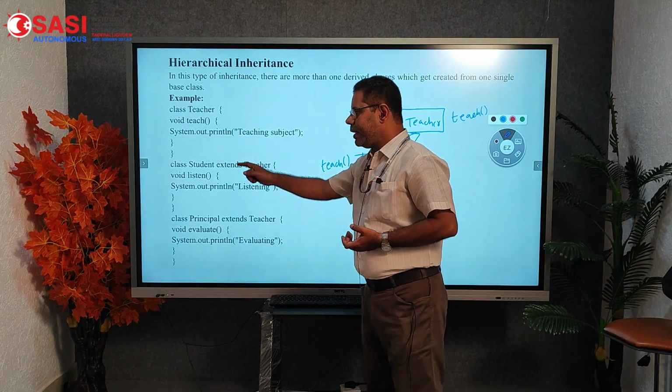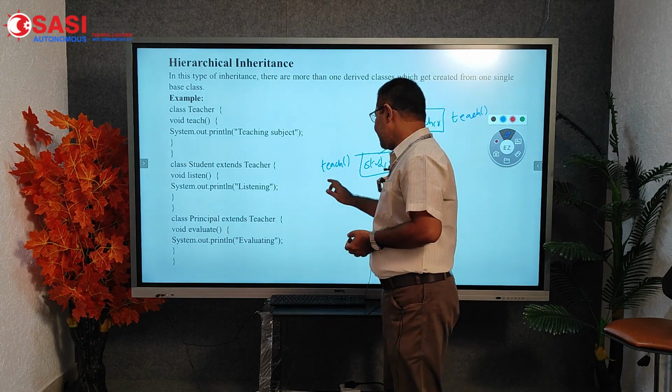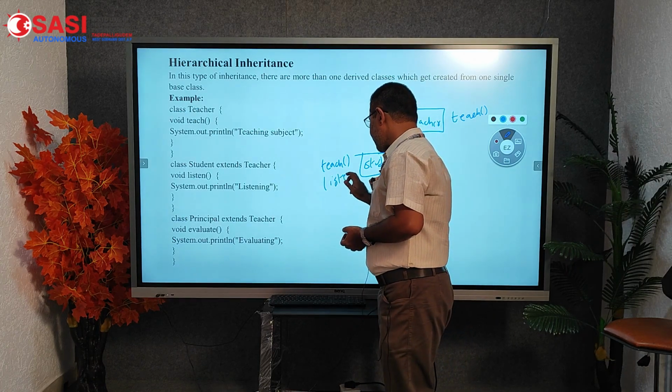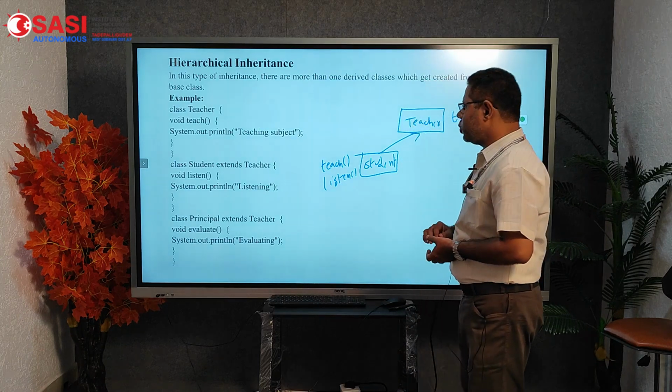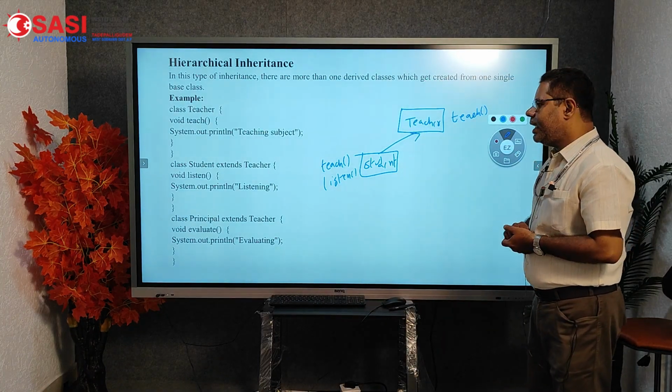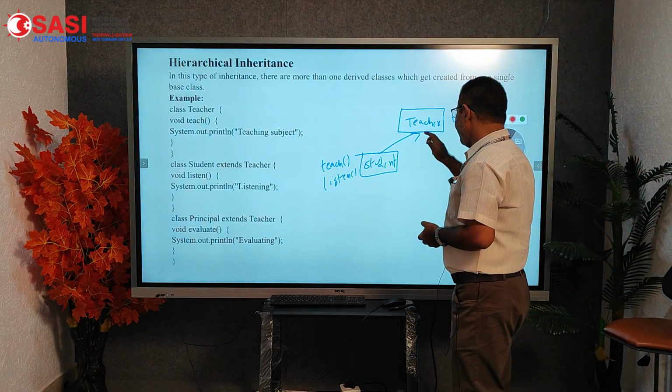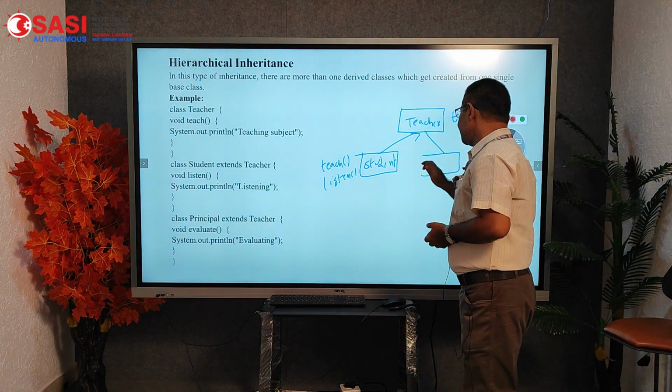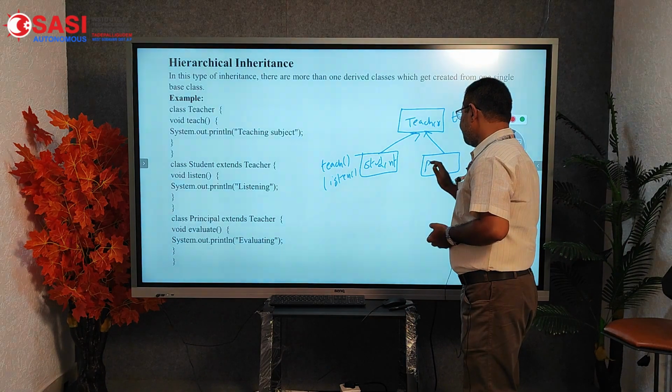Similarly, in the student class we are writing its own method, that is the listen method. So the student class properties are two methods. One is the teach method, the second one is the listen method. Similarly, we are deriving another class from the teacher, that is the principal.